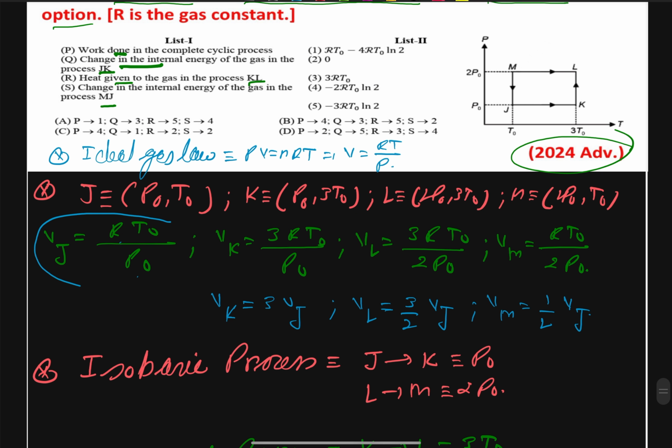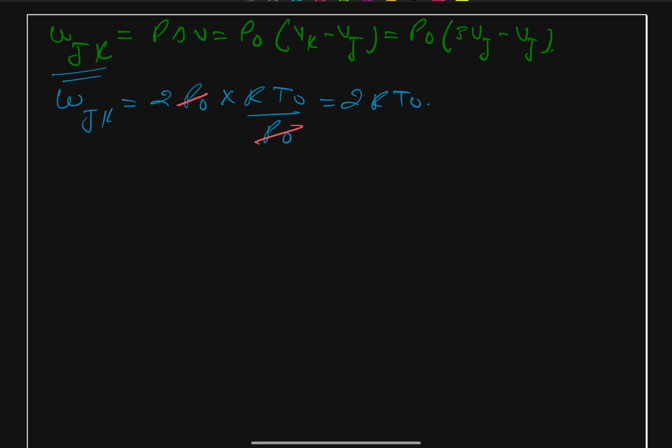Next, W KL will be equal to, this is isothermal, so it will be equal to nRT natural log of VL upon Vk.